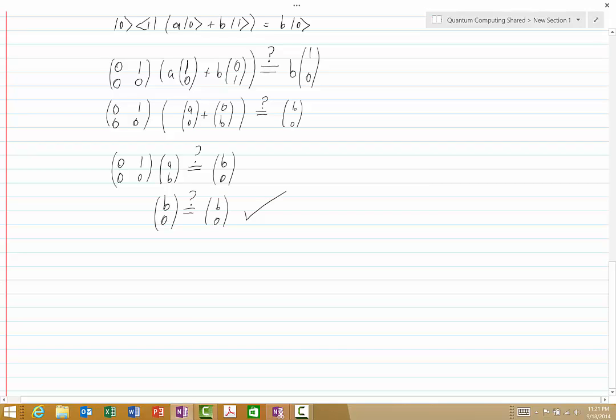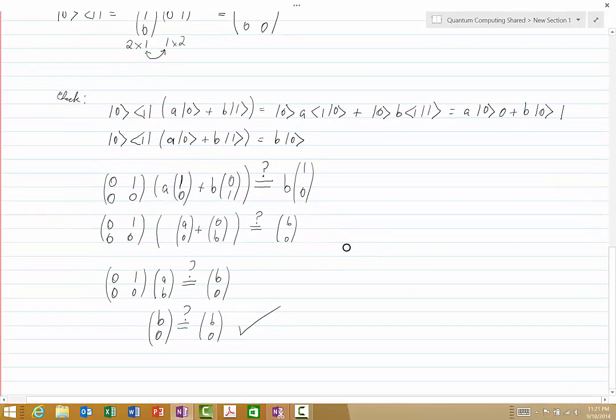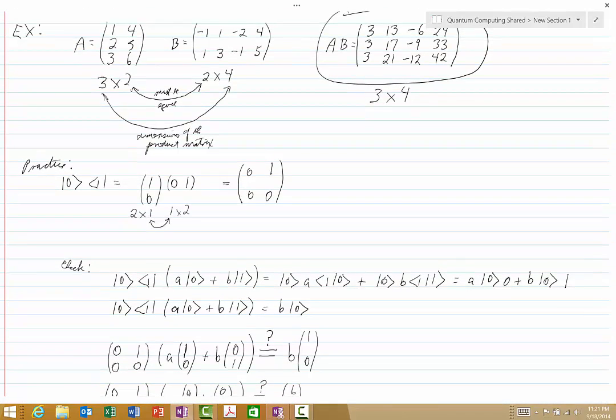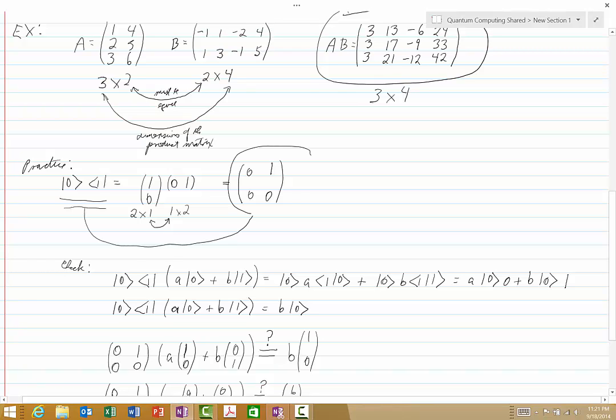So it looks like this method has worked out, and we have found the matrix. It looks like indeed the matrix representation of this operator 0, 1 is in fact the matrix 0, 1, 0, 0 if we're using the standard basis.